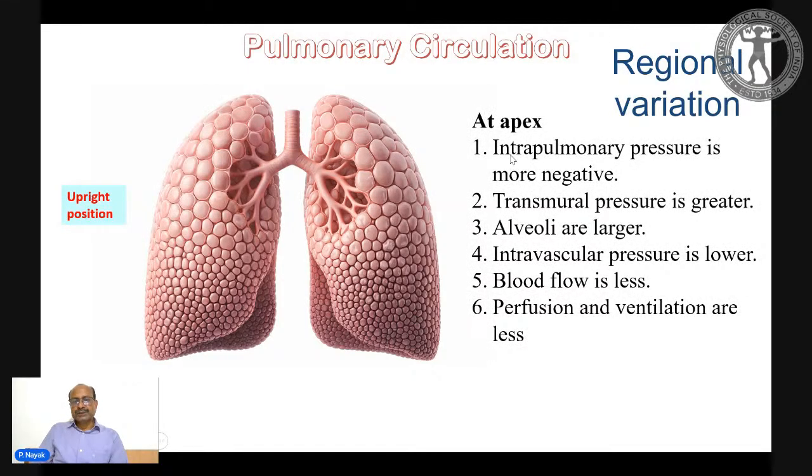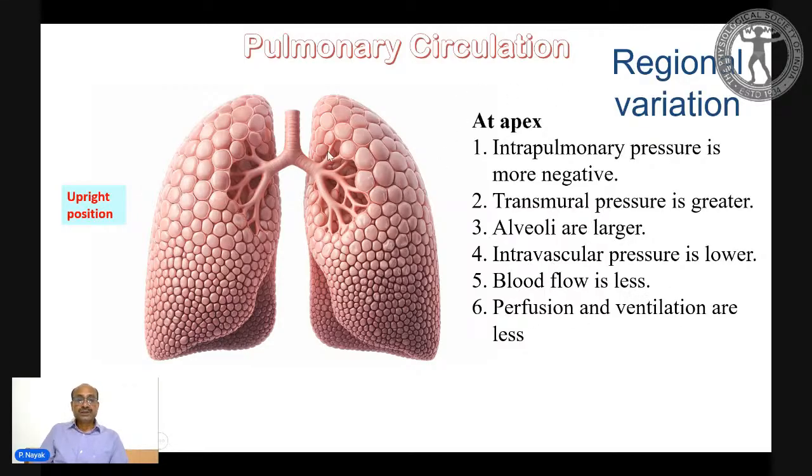So at the apex, intrapulmonary pressure is more negative, transmural pressure is greater, alveoli are larger, intravascular pressure is lower, blood flow is less, perfusion and ventilation are less.